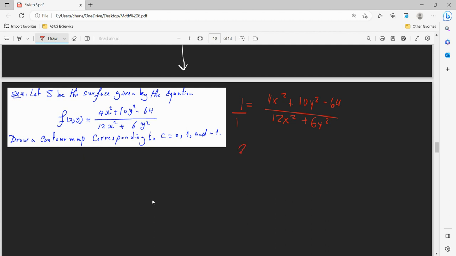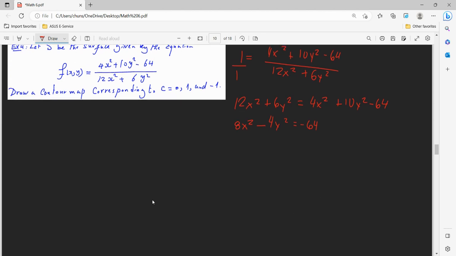So we can do 12x squared plus 6y squared equals 4x squared plus 10y squared minus 64. Let's move things to one side. This is 12 minus 4, which is 8x squared, and this is minus 4y squared is equal to negative 64.